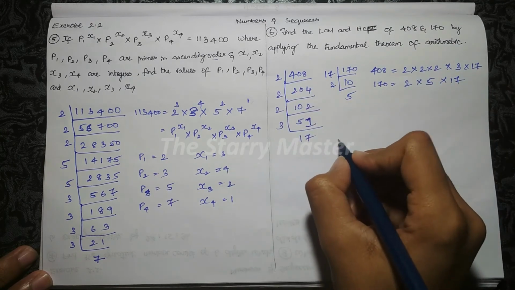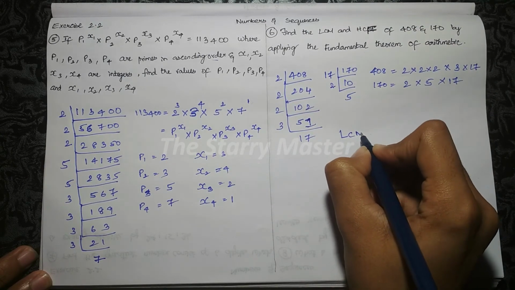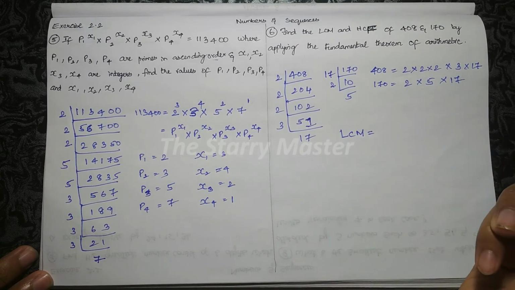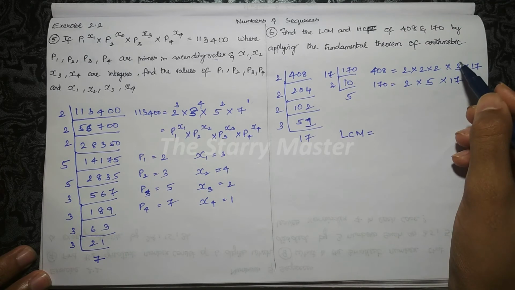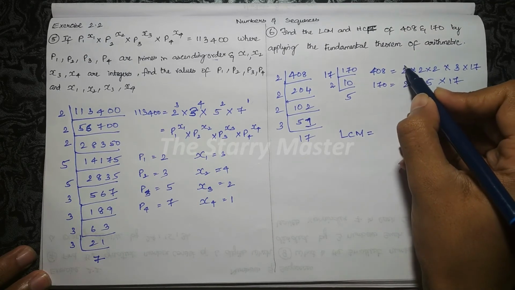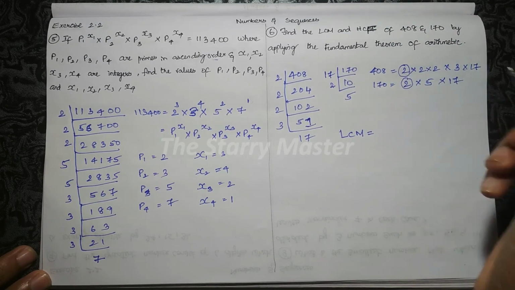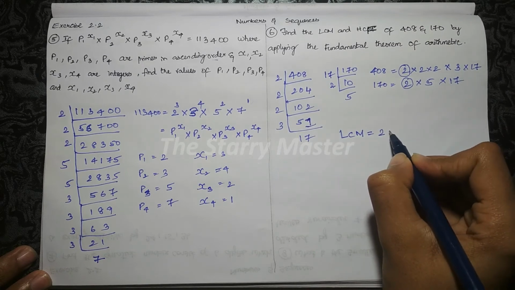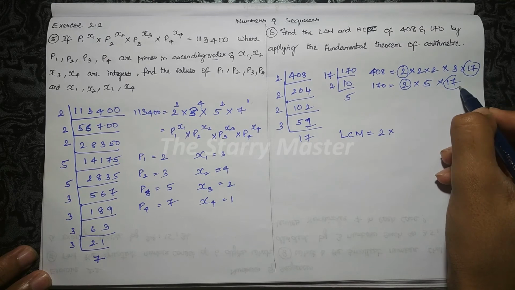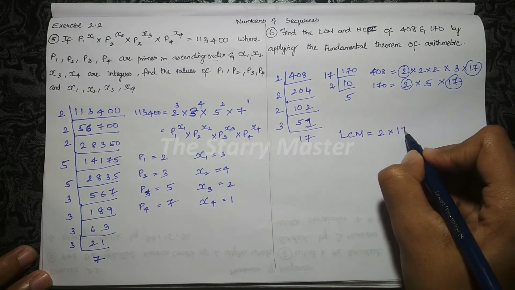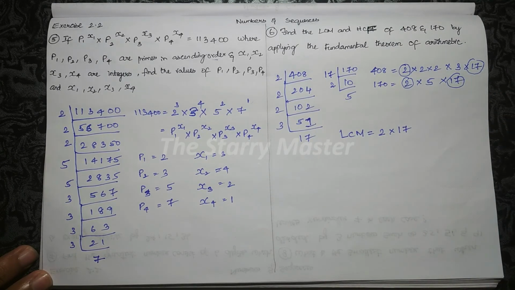Here we have to find the LCM. For the LCM we have to take the common values between these two. We have 2 common here, and 17 common in both, so we will write 2 into 17.